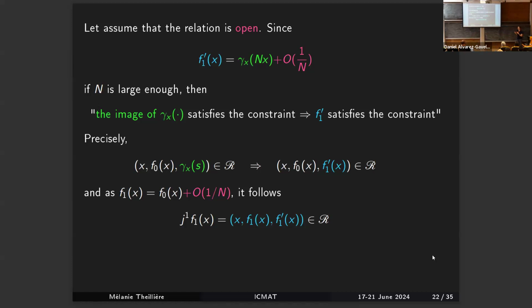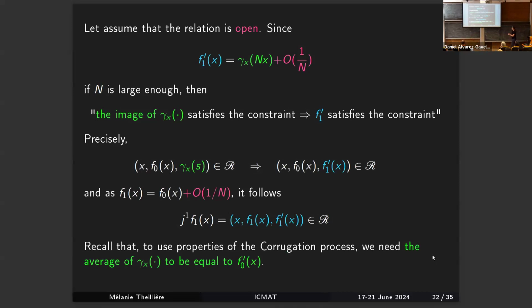Is it fine? Also, I just want to recall that to use the property of the corrugation process, we also need the average of gamma to equal the derivative we want to modify. So we have two conditions on the loop family: one condition on the average, one condition on the image.